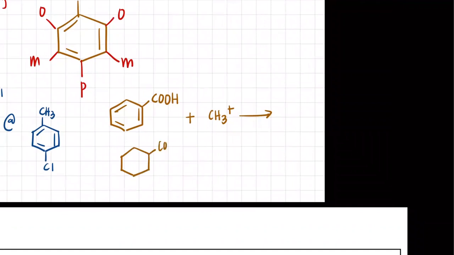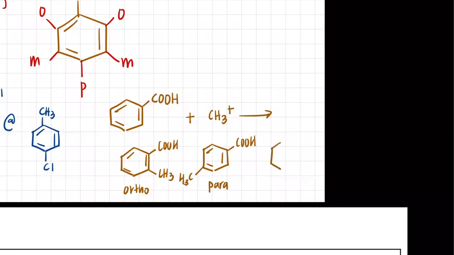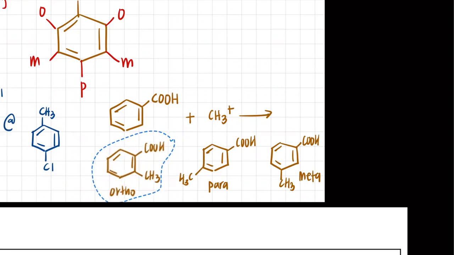The first structure is ortho. This is para. This is meta.